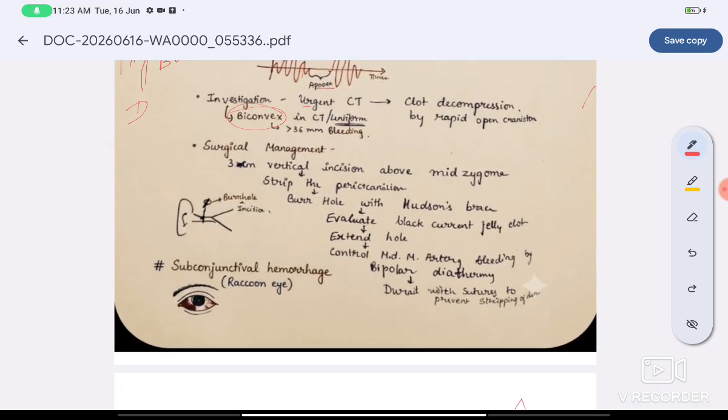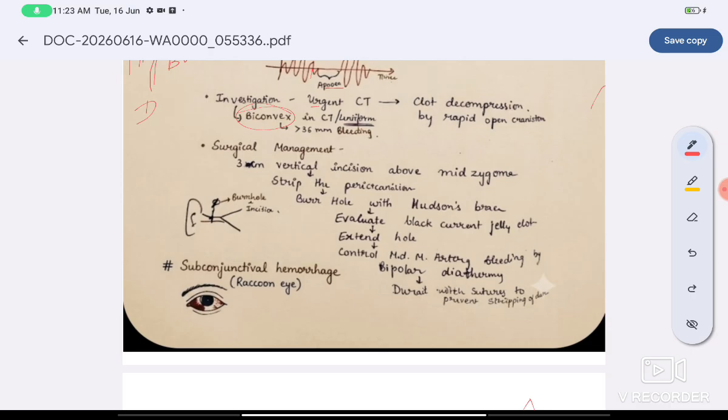Okay. Then surgical management. For surgical management, you have to give a vertical incision on the zygomatic process. This is the zygomatic process. You have to give a vertical incision 3 centimeter above. Then strip the pericranium. Then you have to drill a hole with the burr, Hudson's brace. Then you have to evaluate the blood clot, which appears like blackcurrant jelly.